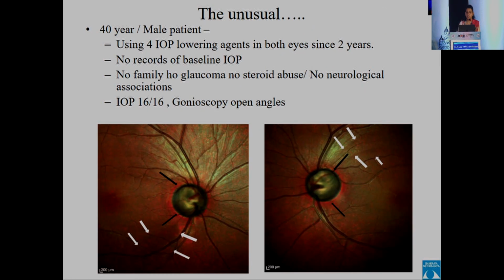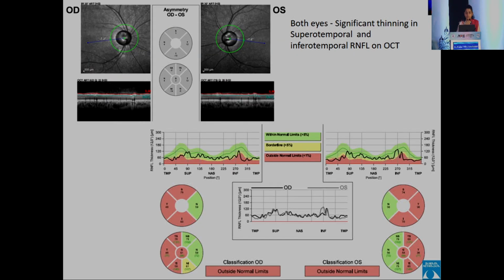in the left eye. But sometimes we do have unusual cases wherein we have patients who have glaucoma who present with clinical signs. In this case, a 40-year-old male who is already on 4 IOP lowering agents, who has a negative history for family history of glaucoma or any other cause, any history of any nerve damage, shows a typical excavated disc, though larger in size, with bipolar thinning, slit RNFL defects, wherein structurally also it correlates.